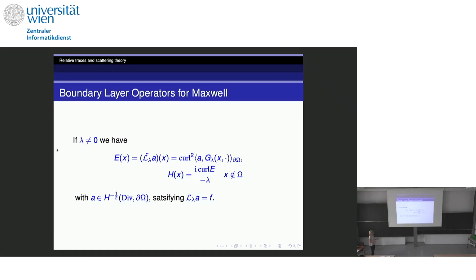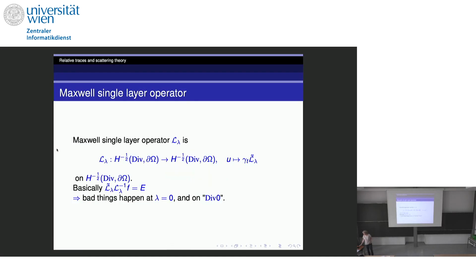We wanted to try to use what was already there to develop a much more complete theory of relative traces. So the Maxwell single layer operator is then the tangential restriction of this. And I've thrown the definition of these spaces at you very quickly. But if you're not an expert on Lipschitz domains, just know that they're out there.